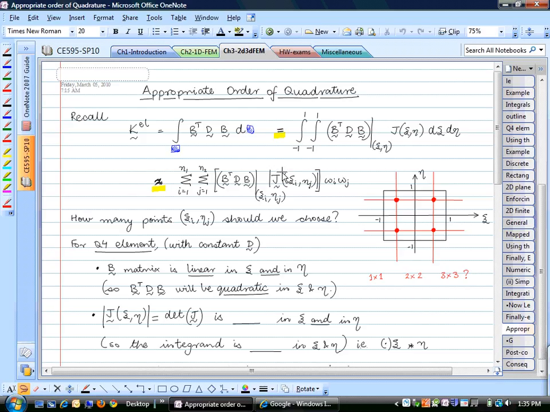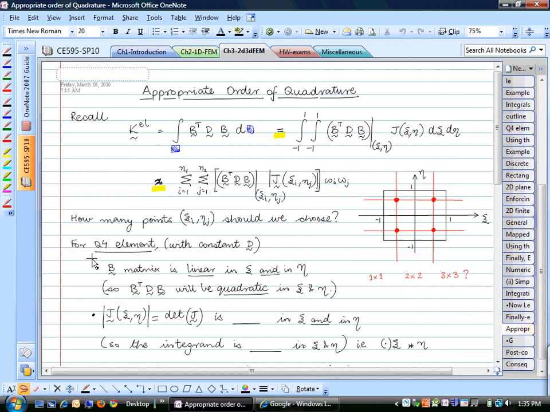This double integral could be approximately calculated using that. So the question is, should I use 1 cross 1 Gauss quadrature? Should I use 2 cross 2 or 3 cross 3, 4 cross 4? How should I decide how many points I need to integrate this accurately enough so that I get a correct answer?